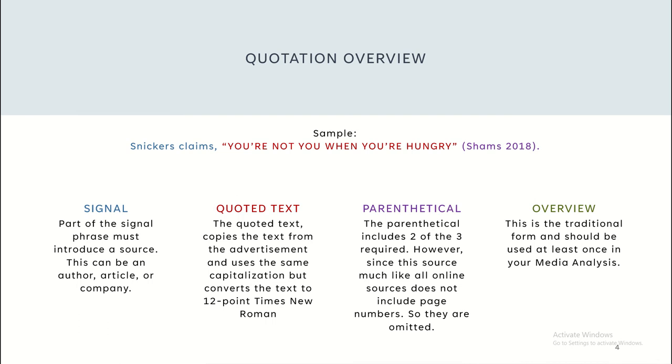And then, everything else as far as the capitalization and punctuation within the quoted material, the quote that you're taking from your advertisement, should be present in how it's presented right now. If you're listening to a commercial, chances are, or like on YouTube, they're not going to have the text all written out for you. So just do your best to use punctuation where it seems like it would be.